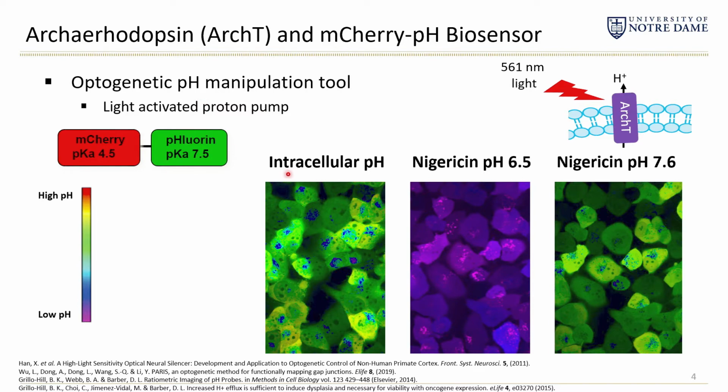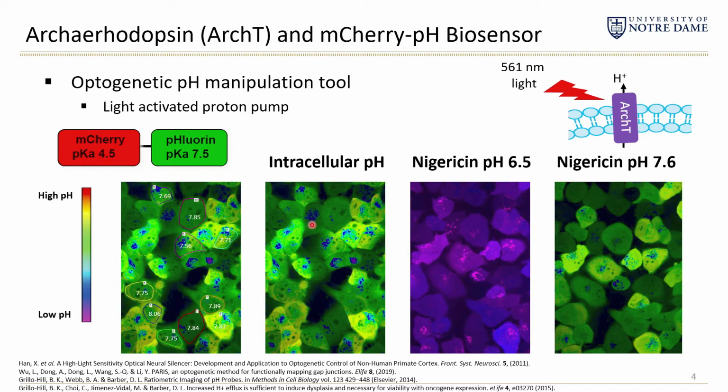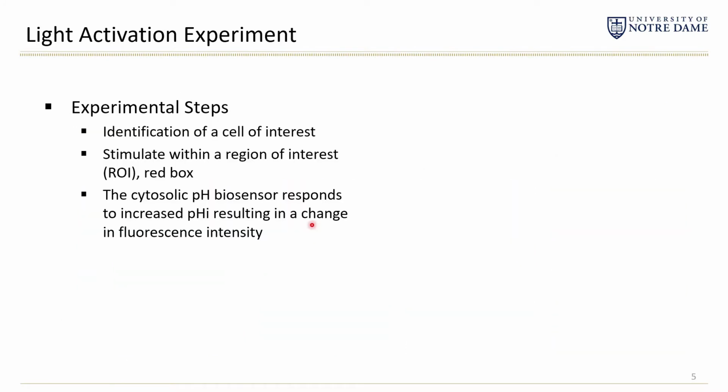Once we have that, we can create a calibration curve and back calculate the intercellular pH for individual single cells. So that's how we're going to manipulate and monitor intercellular pH changes in our experiments.